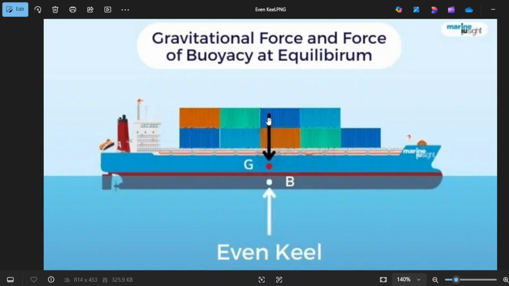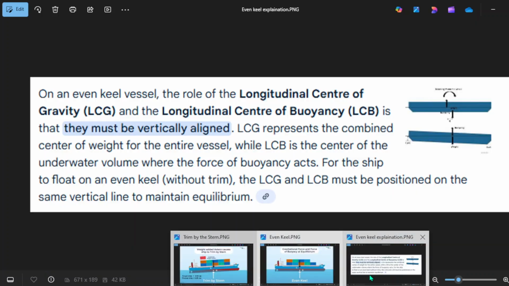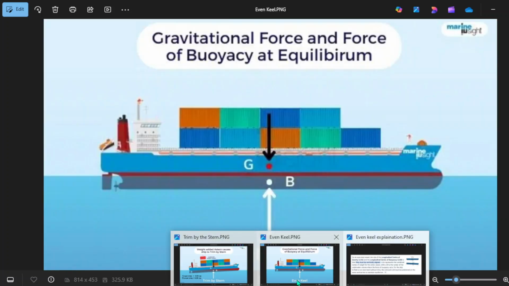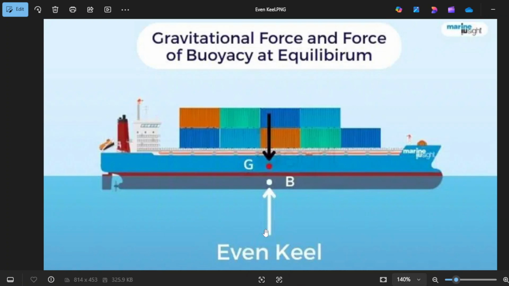That is what it meant. Meaning, if they are vertically aligned, they are in one line. So LCG is this one, LCB is this one, and that's why they are vertically aligned. There is no trim. Okay, they are on the same line.